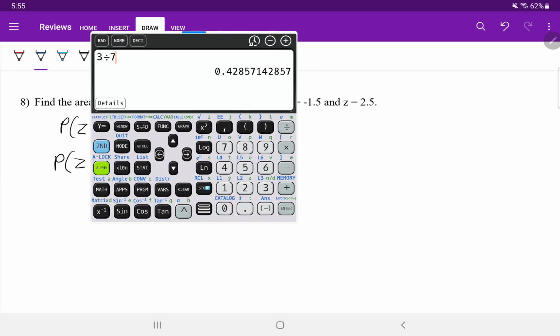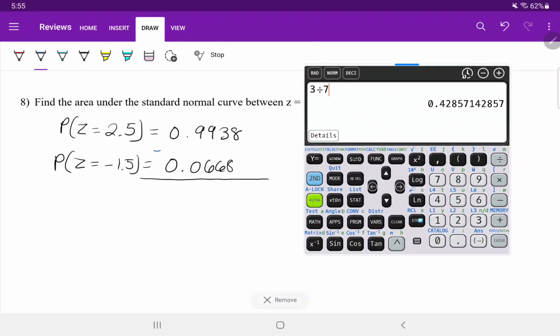Open up our calculator. 0.9938 minus 0.0668 equals 0.927. And that is the answer to question number 8.